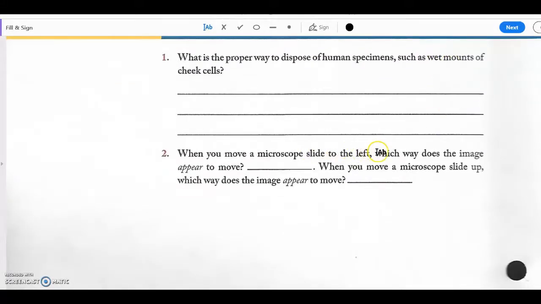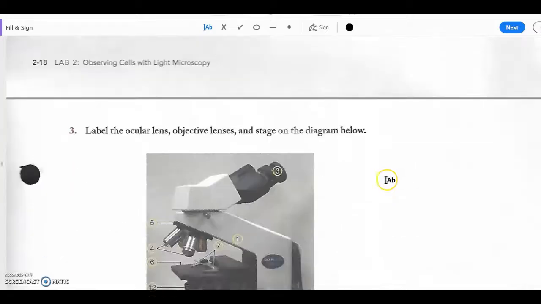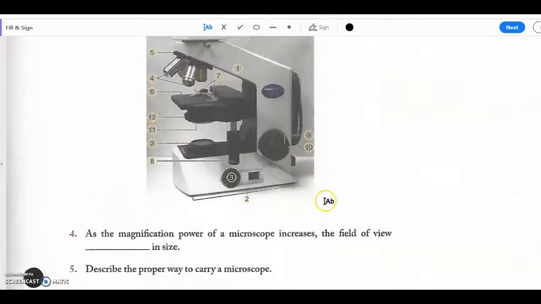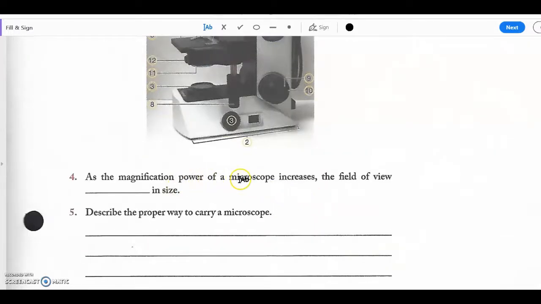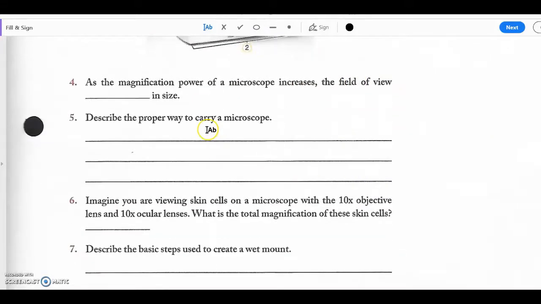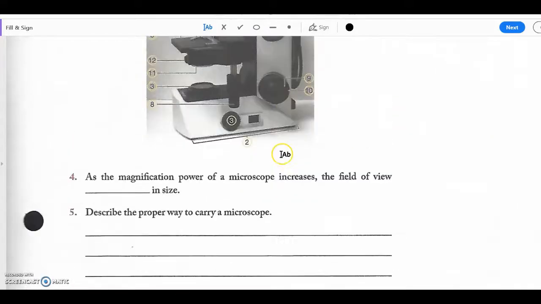When you move a microscope slide to the left, remember, the image appears to move to the right, and when you move a slide up, the image appears to move down. So this you're going to do by yourself. Ocular lens, objective lens, stage. As magnification power increases, the field of view, as you remember, decreases. Proper way to carry a microscope: only with both hands.